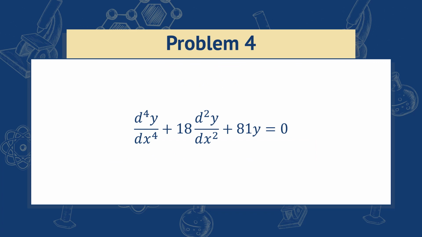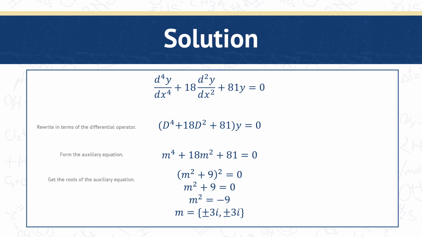And then for our last problem, we have the fourth derivative of y with respect to x plus 18 times the second derivative of y with respect to x plus 81y equals 0. So again, we rewrite the given differential equation in terms of D. This gives us D raised to 4 plus 18D squared plus 81 times y equals 0.